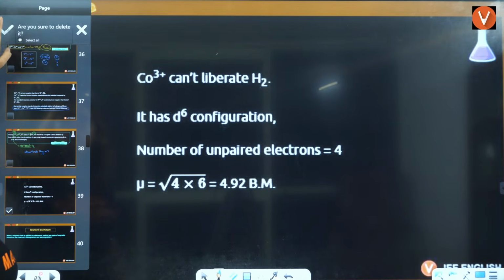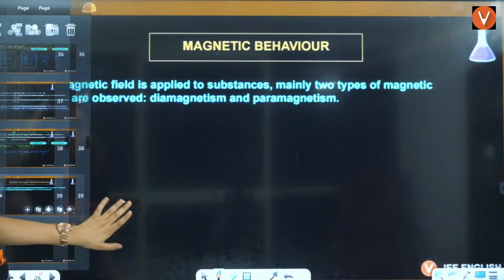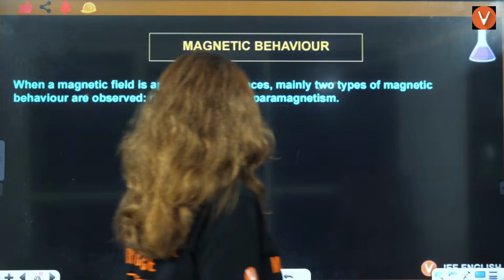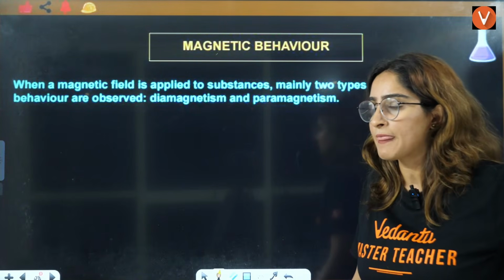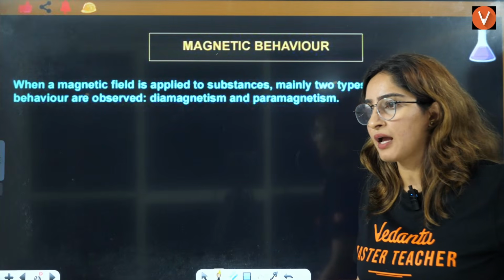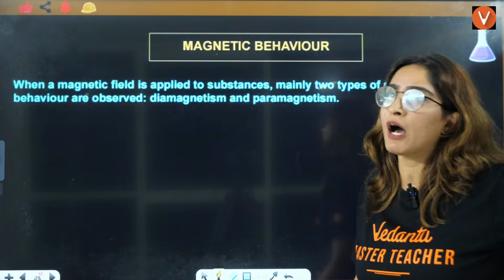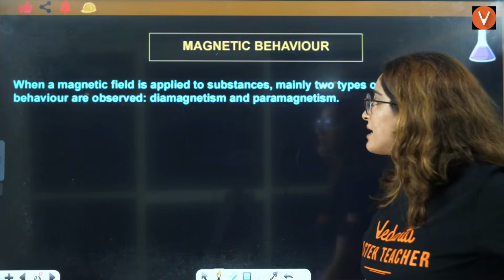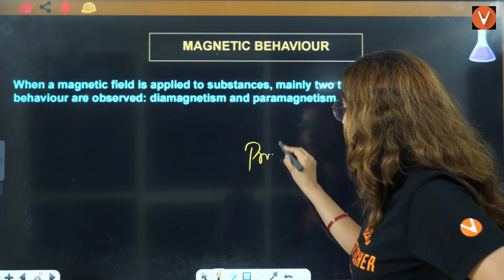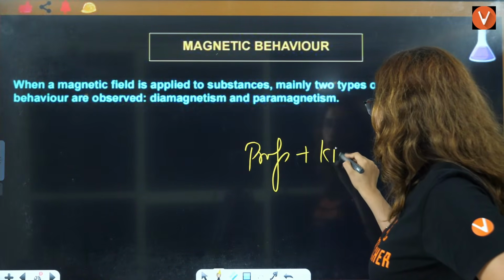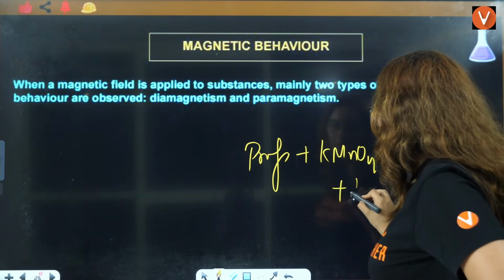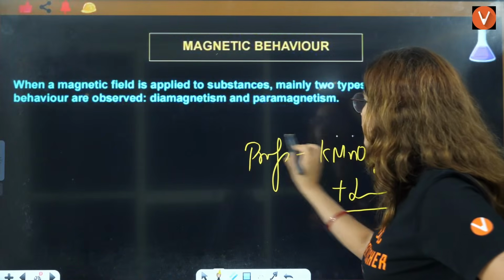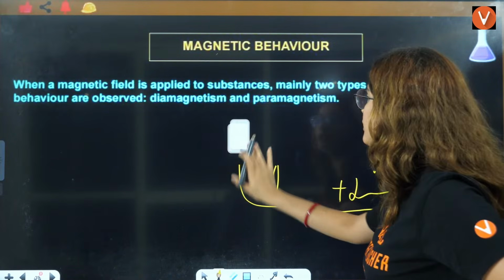Those who know can answer me. But the next thing is going to be on magnetic behavior only, so we will talk about that in the next class. Okay? Right, everybody? Or do you want me to cover magnetic moment now? The rest of the properties plus KMnO4 plus K2Cr2O7 plus lanthanoid contraction, if you want me to cover that in the next lecture, I'll do that.